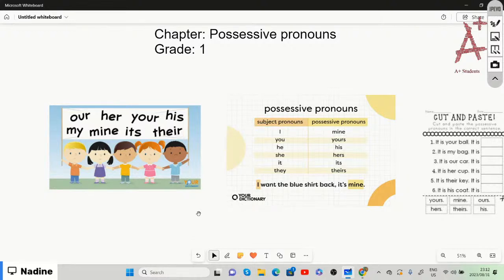But as soon as we have possessive pronouns, we use words like mine, yours, his, hers, its, and theirs, right? So that is the difference between subject and possessive pronouns that we just went over.